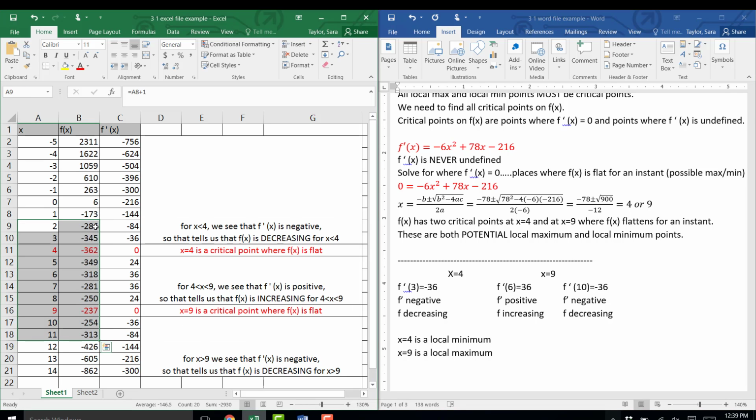All right, lastly then, the actual points where this occurs. When x is 4, I see that the value of f of x is negative 362, the y value. So at the point (4, negative 362), we have a local minimum. And at the point (9, negative 237), we have a local maximum.